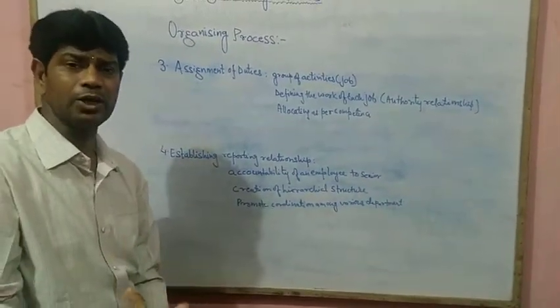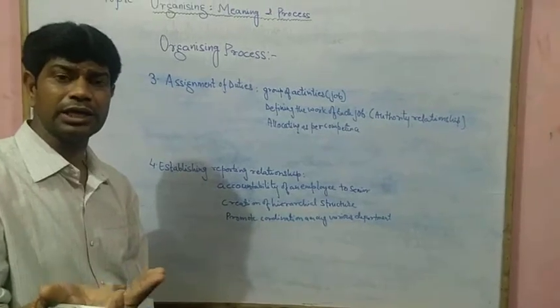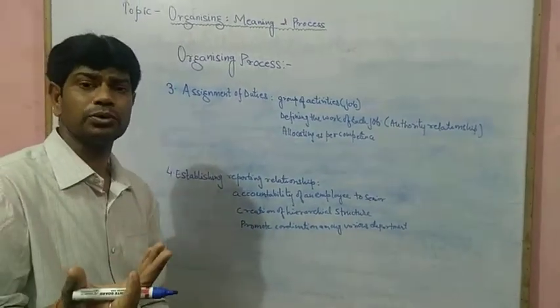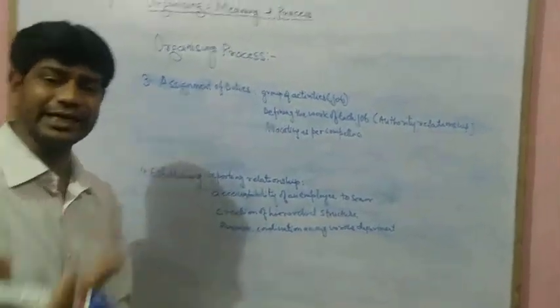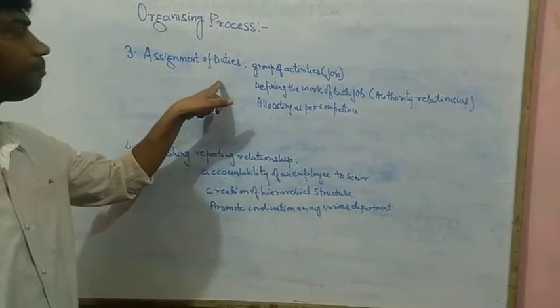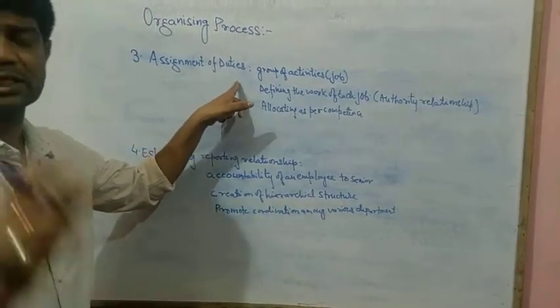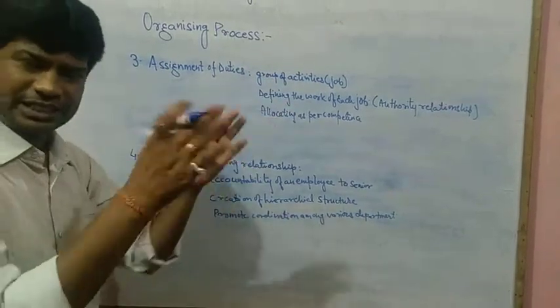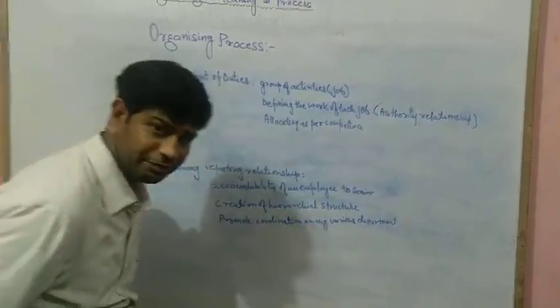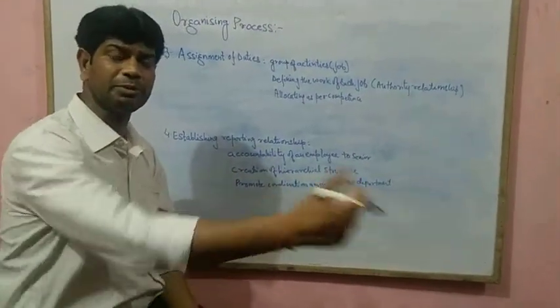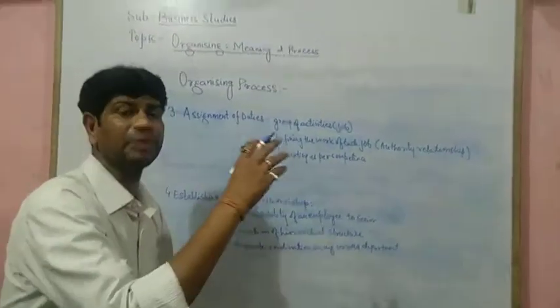We define what his authority is, what type of command he can issue, what type of activity he can get done or is concerned with. So the step of assignment of duties is necessarily concerned with grouping of the activities in a job, and then we define the work that is concerned with a job.